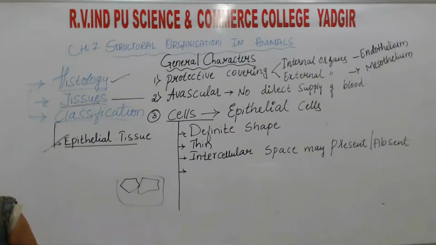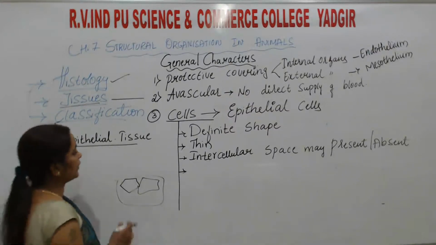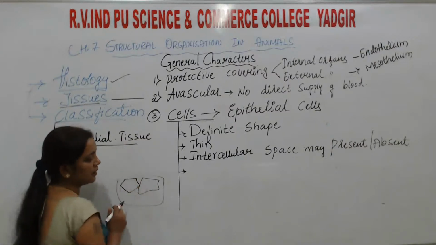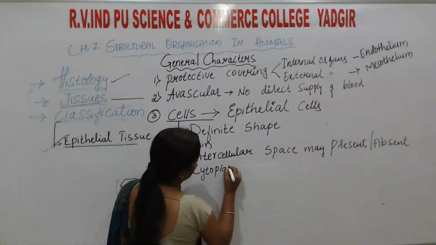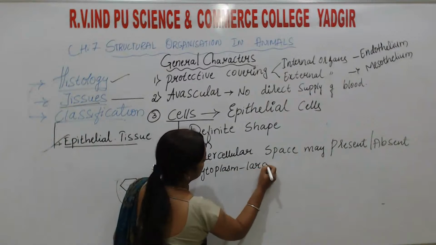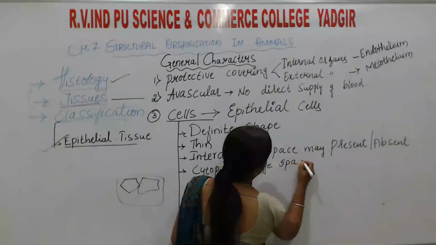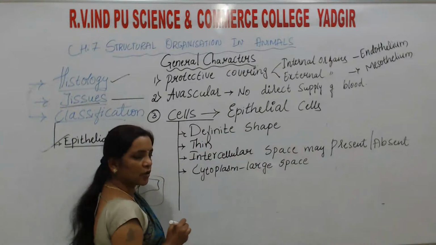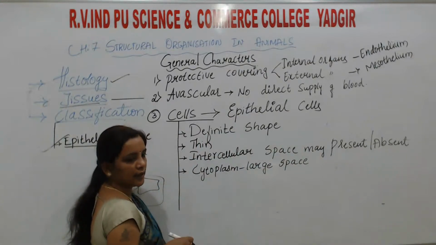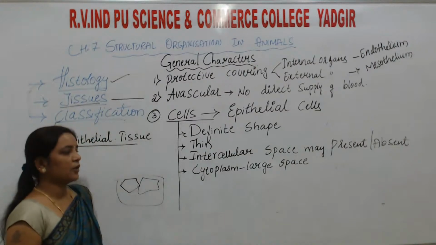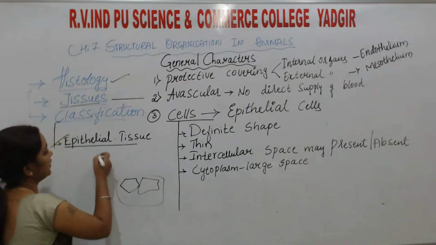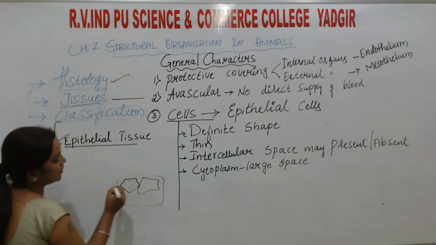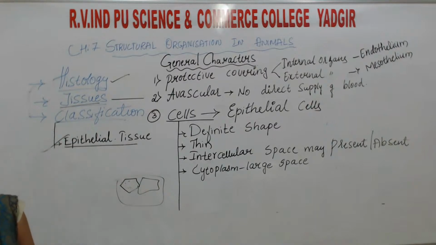Next, if you take the cytoplasm of these cells, the cytoplasm is occupying a large space. So the cells have cytoplasm occupying large space. No basement membrane is there.